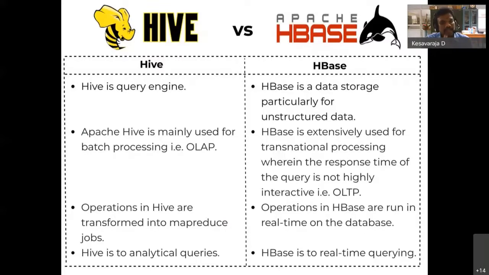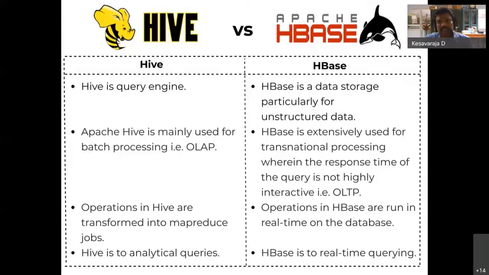Apache Hive is mainly used for batch processing, OLAP, but HBase is extensively used for transactional processing, where the query response is not highly interactive. So Hive is an analytical process, here it is a transactional process. Operations in Hive are transformed into MapReduce jobs, but HBase runs directly on HDFS.